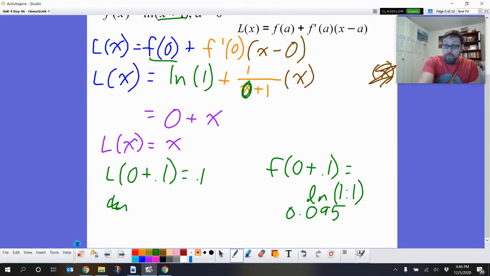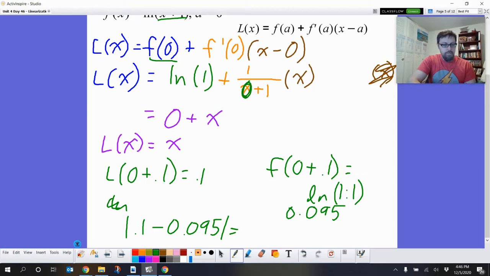Okay, so let's find the absolute value of their differences. So 0.1 minus 0.095. I actually don't have that handy, so I'm going to do that real quick. 0.1 minus 0.095 is 0.005.